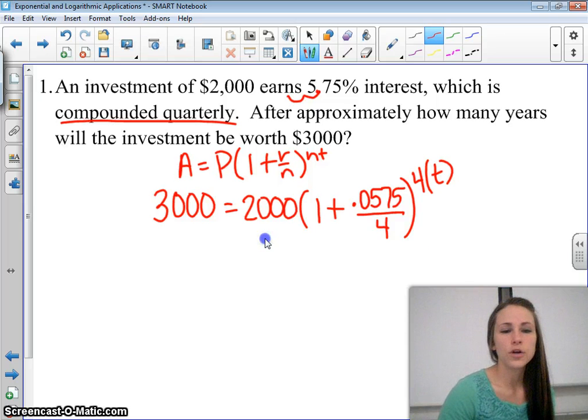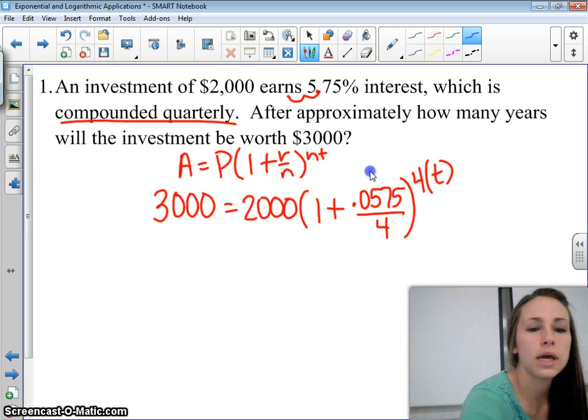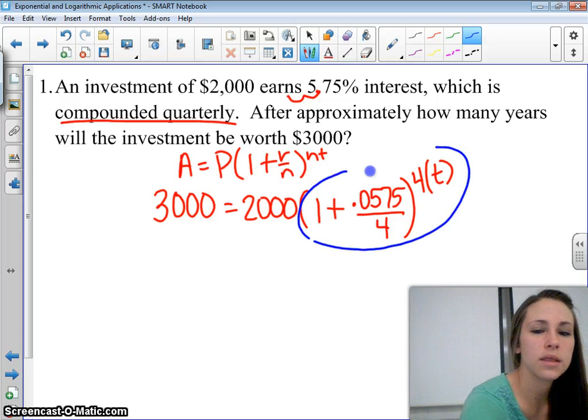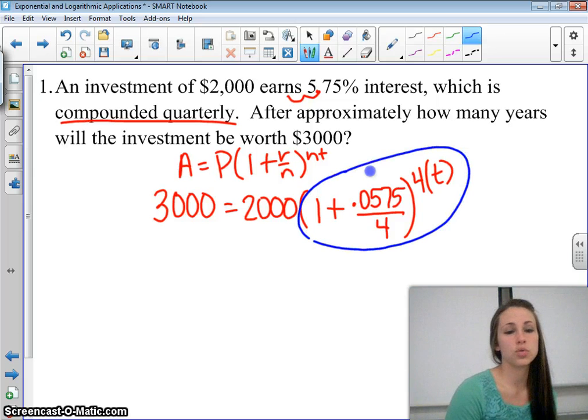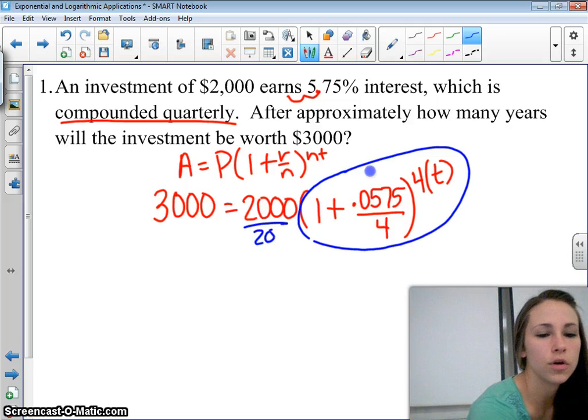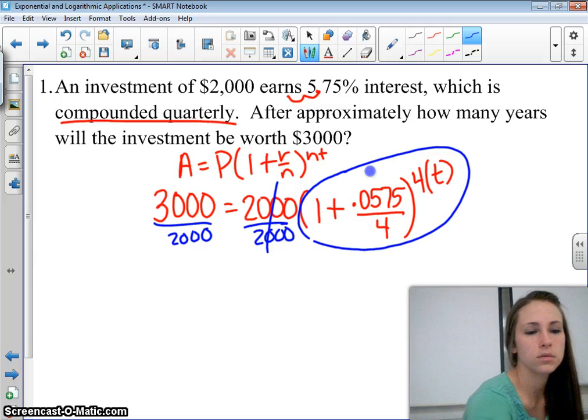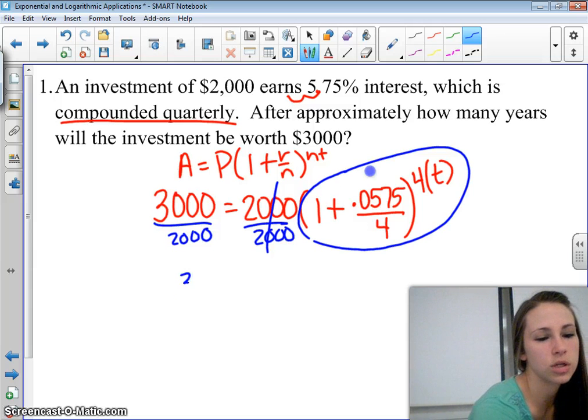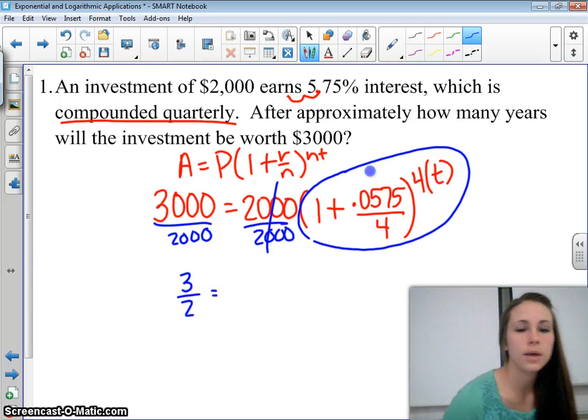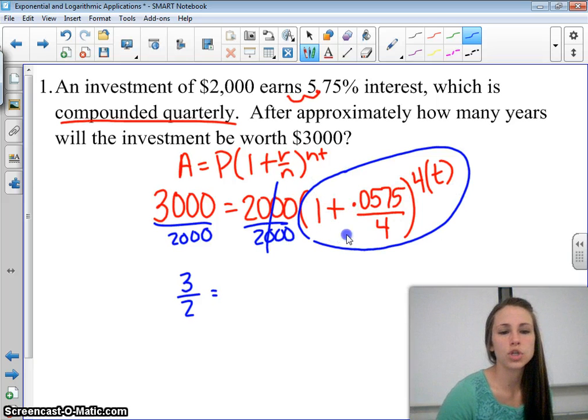So the first thing that I'm going to do is try to get whatever's being raised to the exponent by itself, so that's this right here. So I'm going to get rid of the 2,000 by dividing it over. So 3,000 divided by 2,000, I'm just going to leave it as 3 over 2 equals. Now this right here will turn into a decimal.